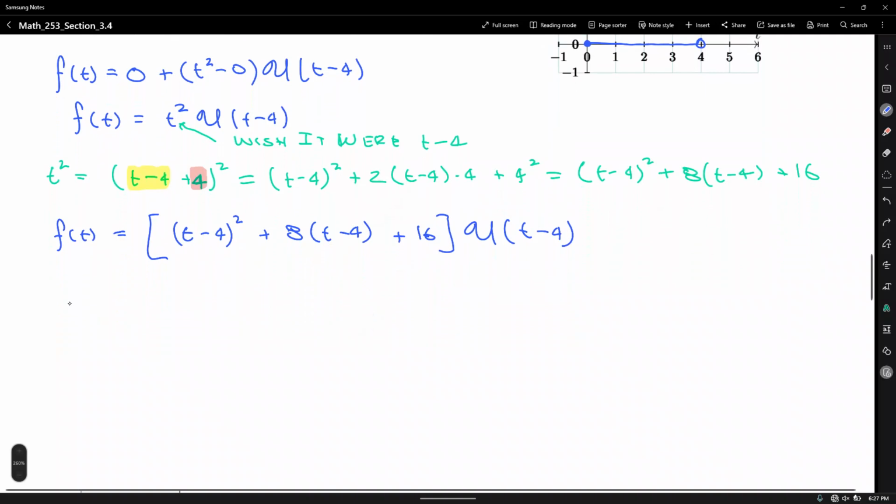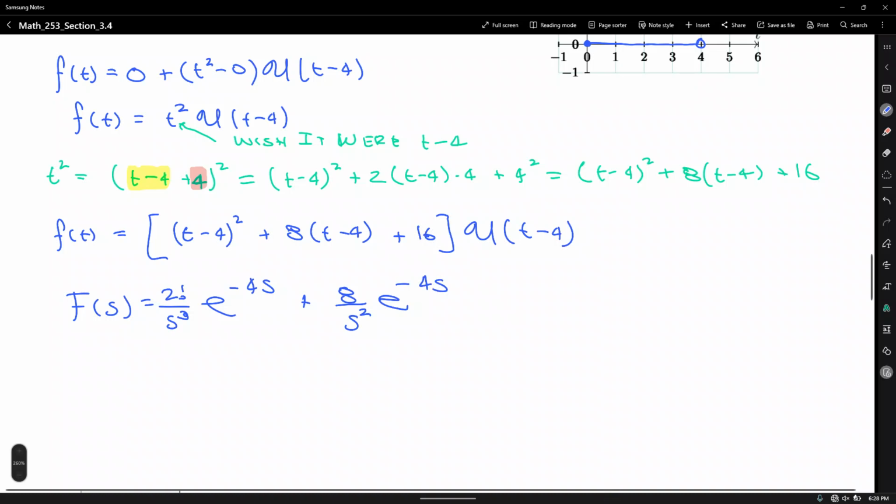Okay, so let's find the transform big F of s. What's the transform of t squared without the minus 4? That is 2 factorial over s cubed, e to the translation negative 4s, plus 8 times the Laplace transform of t, which is 1 over s squared, e to the negative 4s.